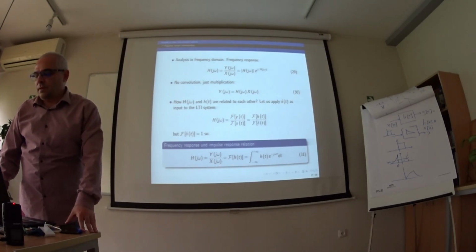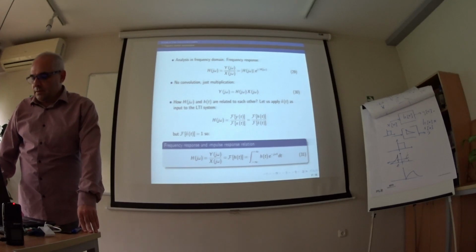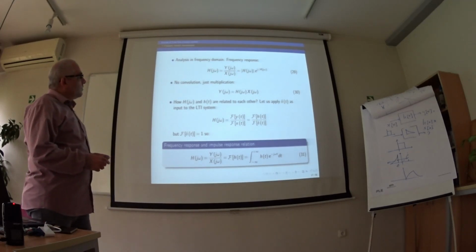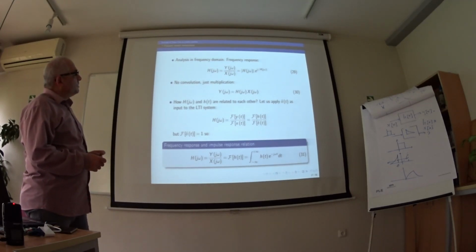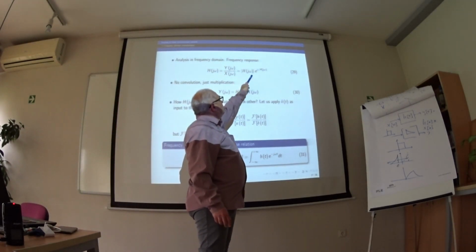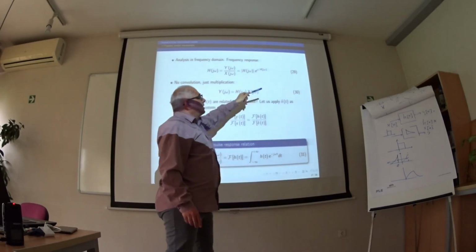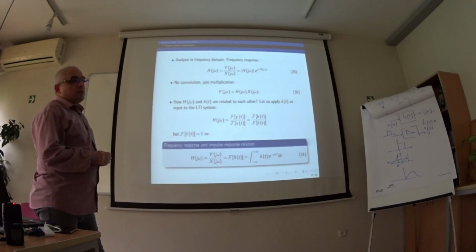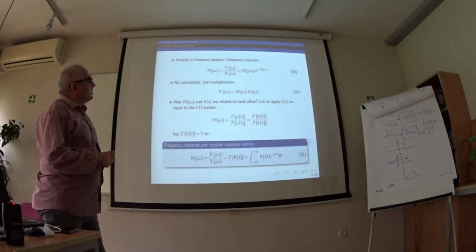Now, we want to make an analysis of our system in the frequency domain. We define the so-called frequency response. That is a complex function of frequency. It has an absolute value and an angle, the argument. By definition, this is the spectrum of the output over the spectrum of the input.